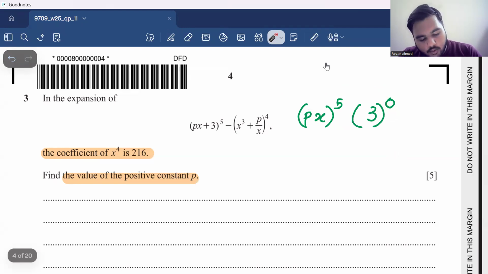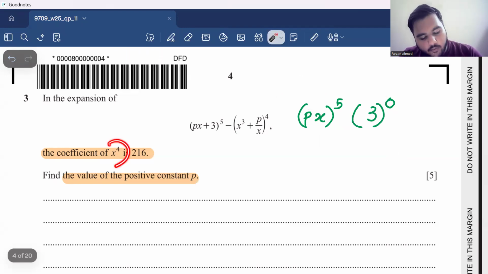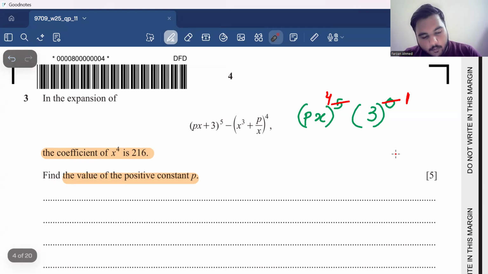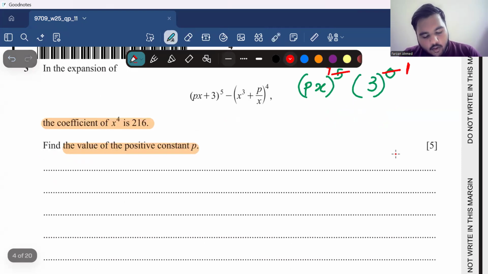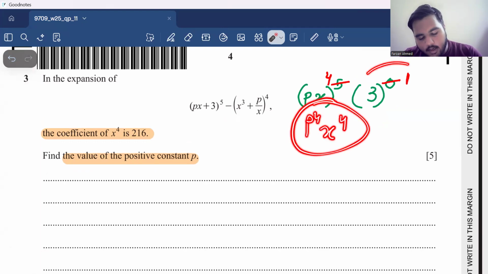We have to make x raised to power 4. So when I deduct this, it will become 5, and from here the number will increase. So from here we got (px) raised to power 4 and 3 raised to power 1.